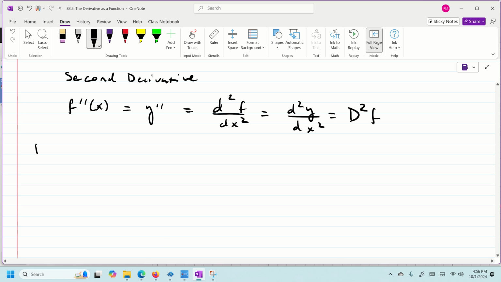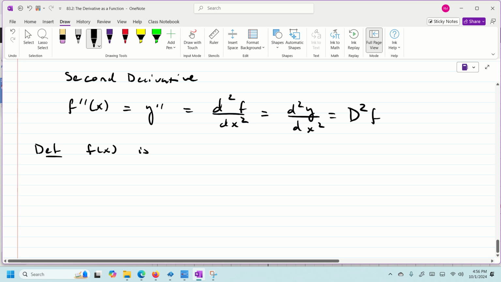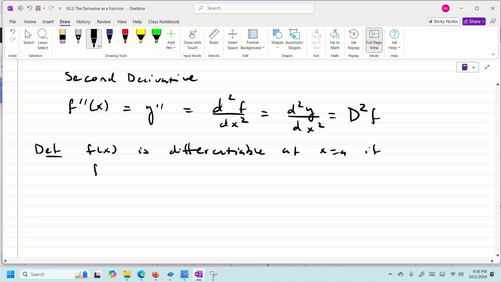Now, we are going to explicitly define what it means for a function to be differentiable. f of x is differentiable at x equal to a if f prime of a exists.